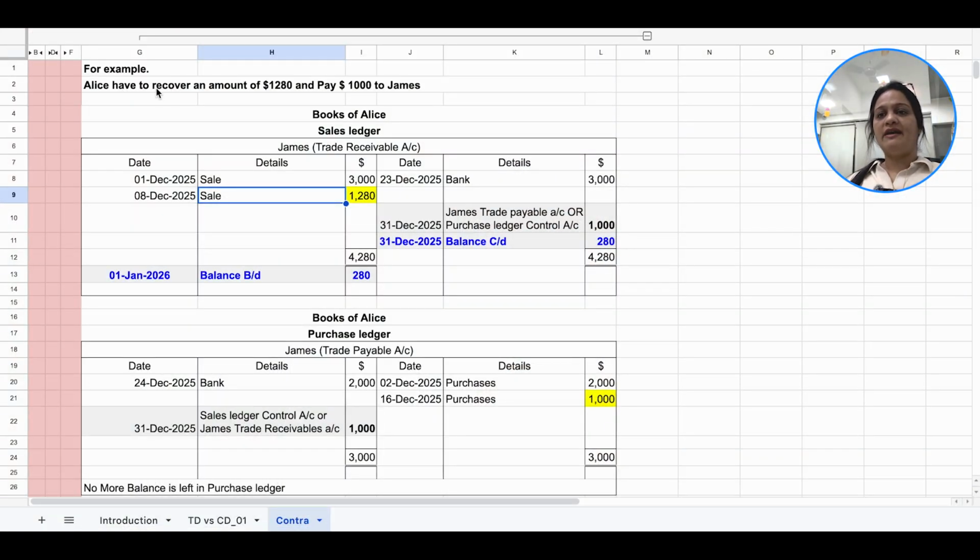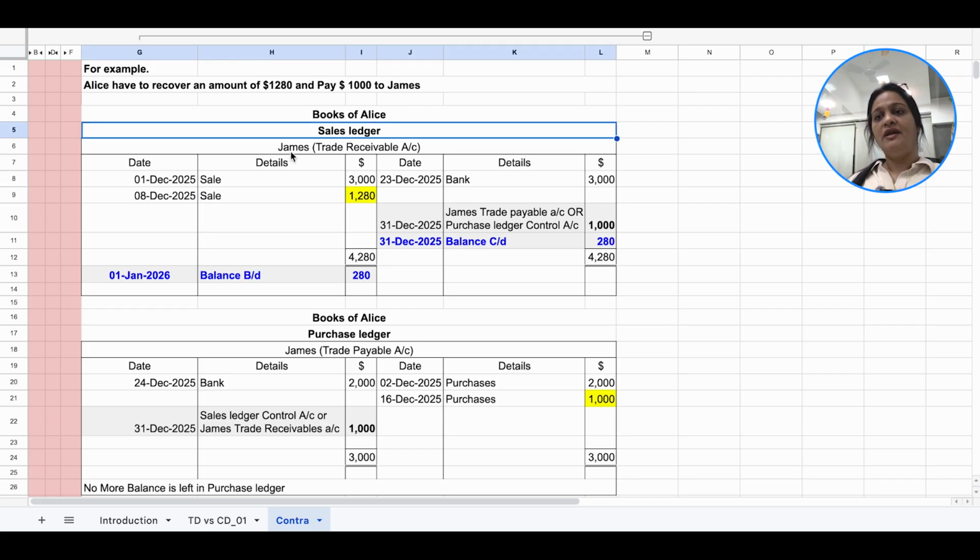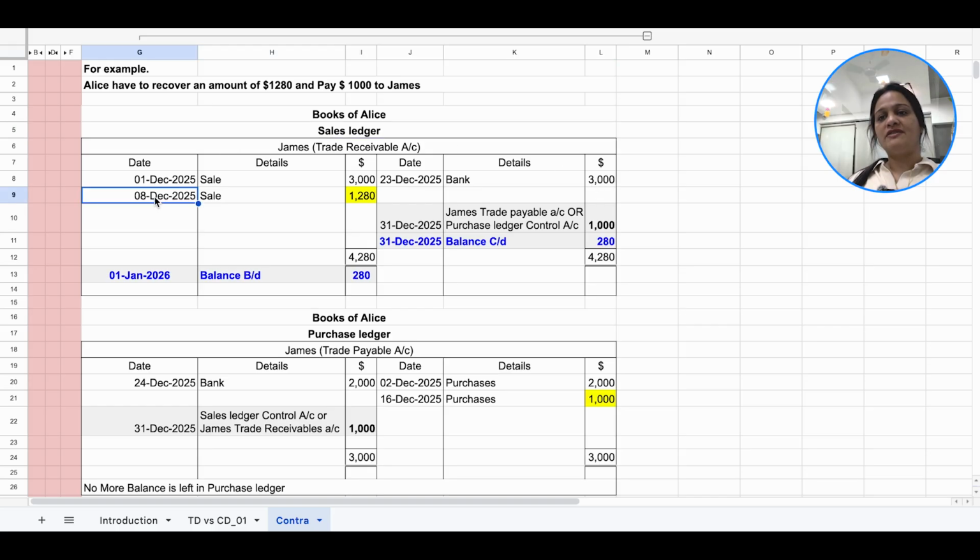For example, Alice has to recover an amount of $1280 and pay $1000 to James. So in the books of Alice, there is a sales ledger. Alice has James, which is a trade receivable account, and James trade payable account, as a customer and a supplier. So as a customer, Alice had sold goods worth 3000 on 1st, recovered money on 23rd 3000, and on 8th of December she made a further sale of 1280.